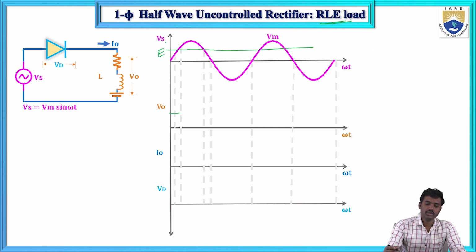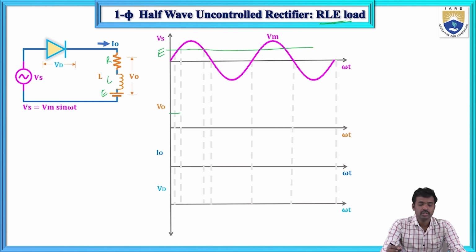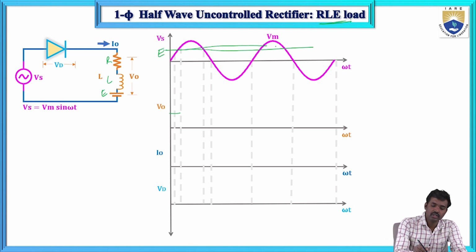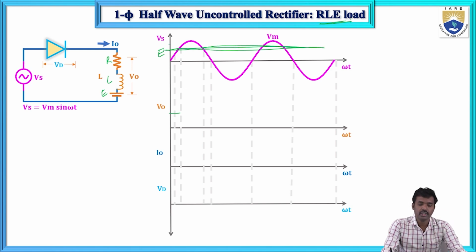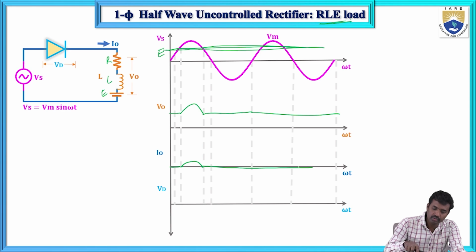So we have E, R, L and E. Now in this case, what will happen? Same circuit. This is the actual diagram for the RLE type of load.